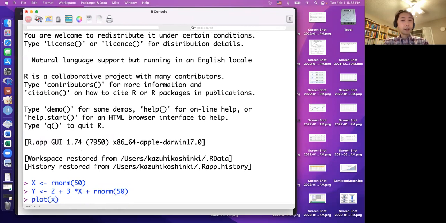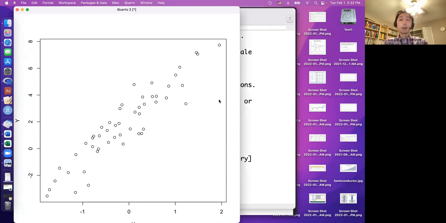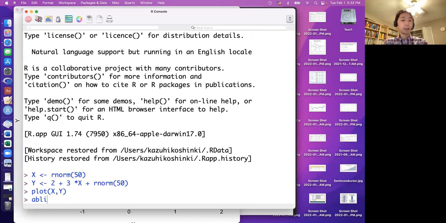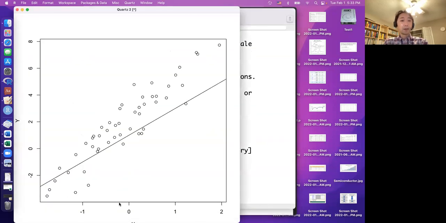Then plot X, Y. We have this one, and we can put the regression line by overlaying the abline function. This means Y is equal to 1 plus 2X. Then you can see that this is the 1 plus 2X, right?